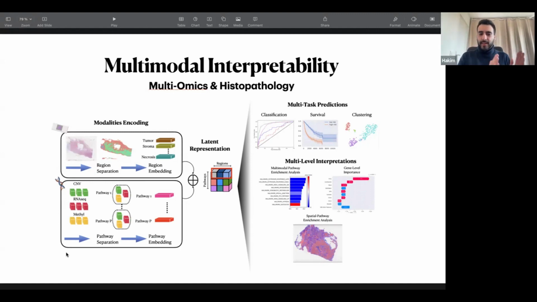So the modality encoding in our experiment is done in multiple phases. In the first part, for histopathology, along with the multi-omics data, everything is trained under the same loss.